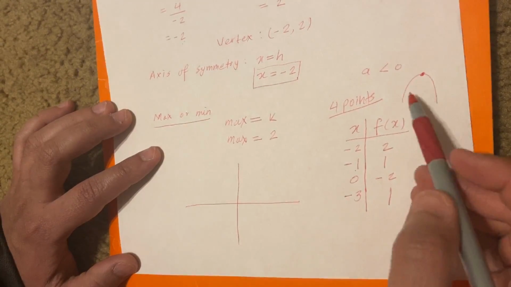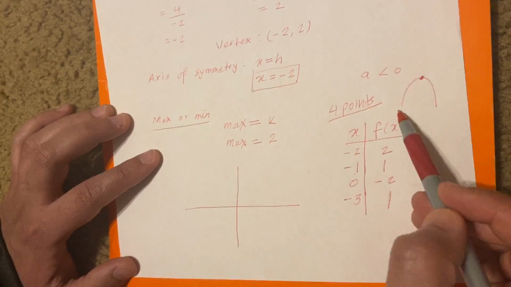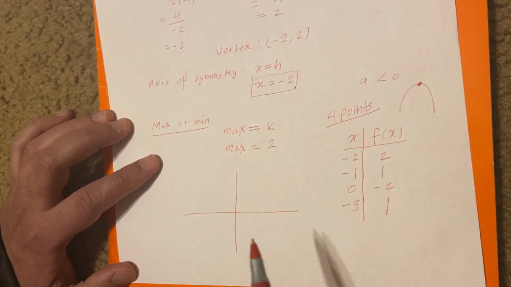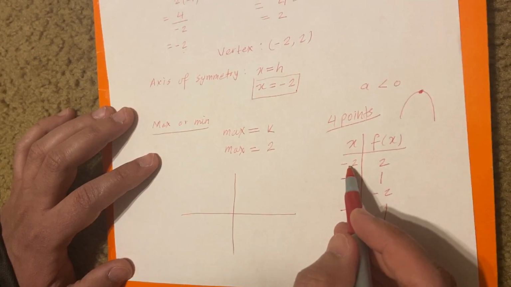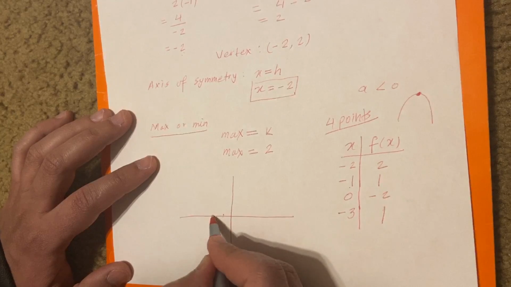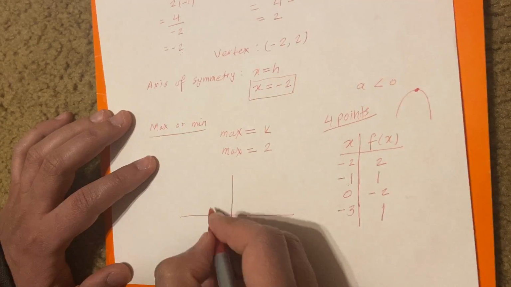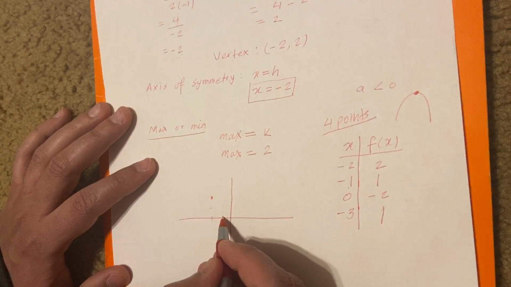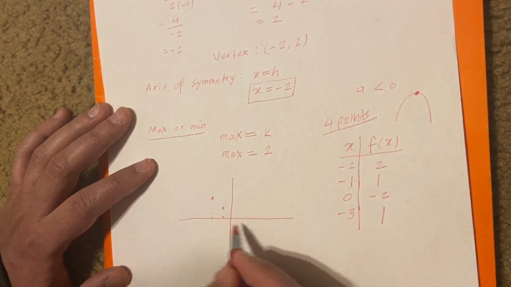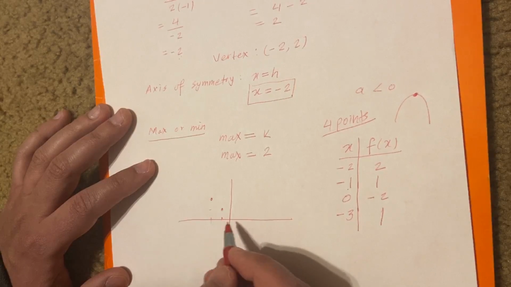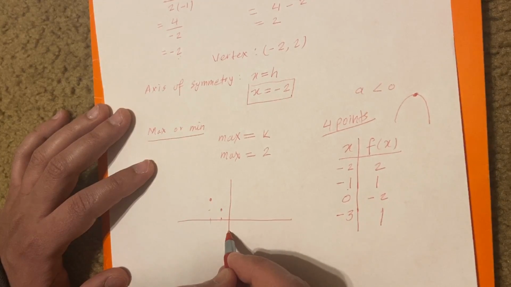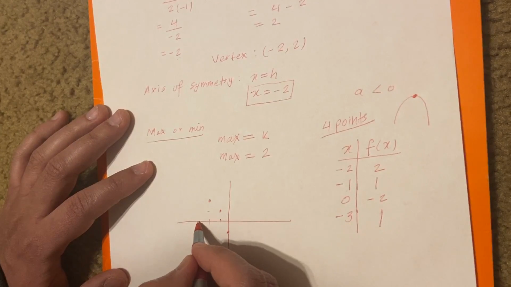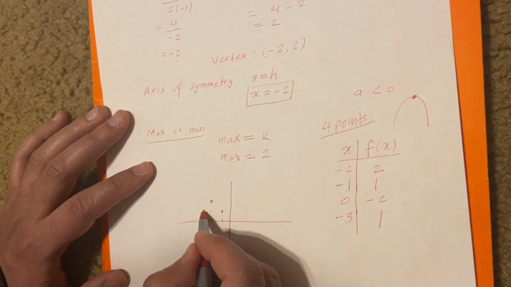So our shape is going to be like this. We already know that, right? It's always a parabola with a maximum vertex. So now the vertex is -2, 2. It's going to go to the left. -1, 1 is somewhere down here. 0, -2 is somewhere down here. -3, 1 is somewhere down here.